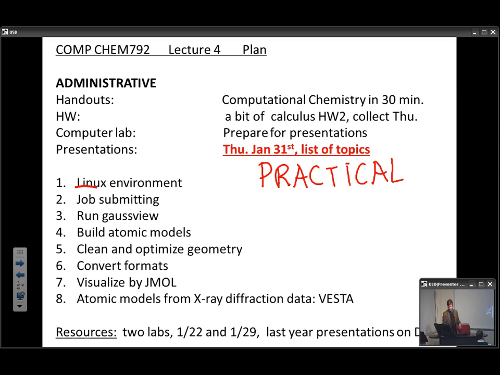One is what is Linux, what is the language one talks to a supercomputer. Another is what is the concept of a job, like giving orders to a bigger supercomputer. And then there is software, one of many brands of software, that allows one to build atomistic models just by clicking and drawing.